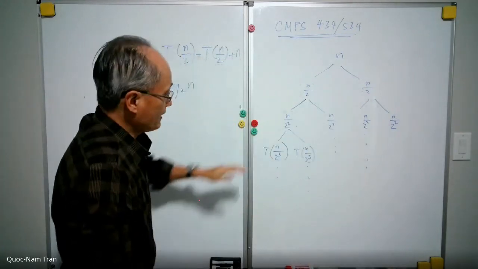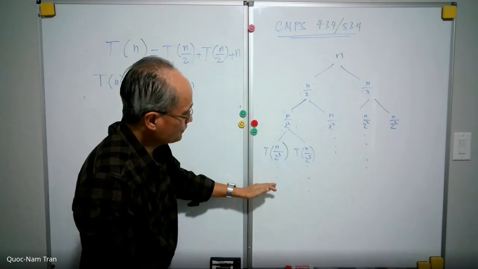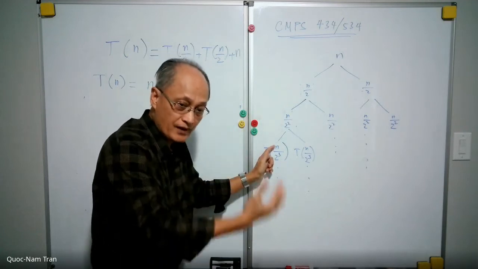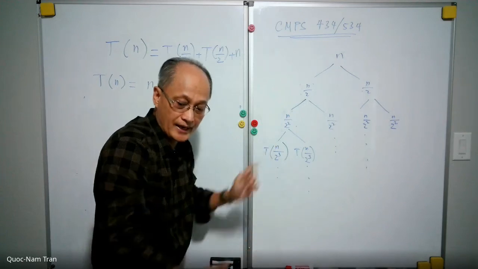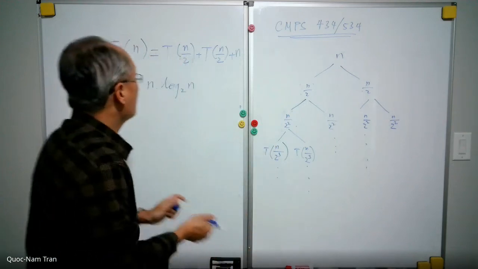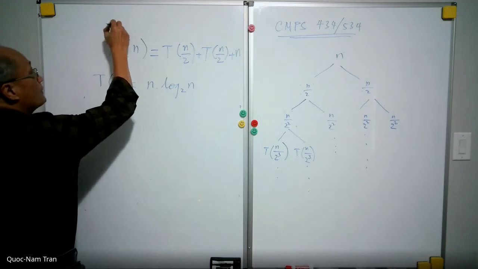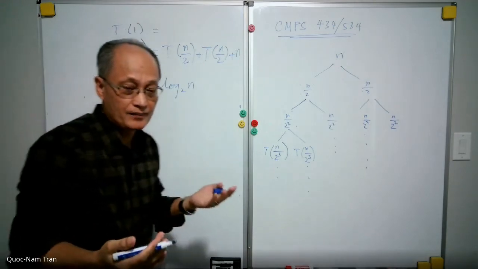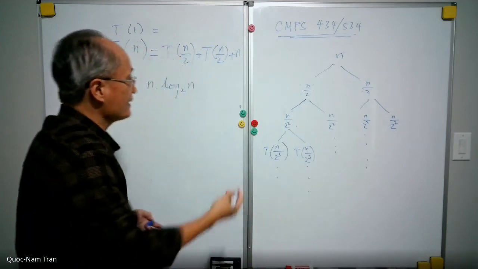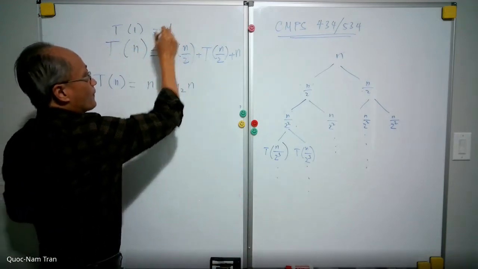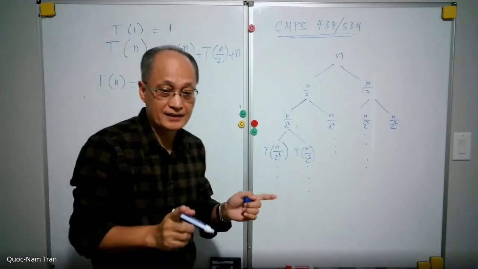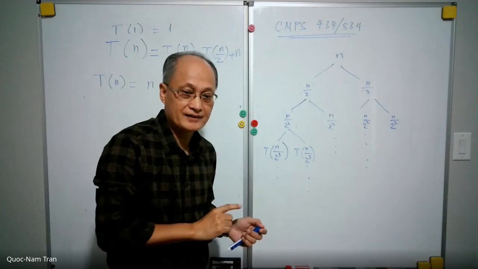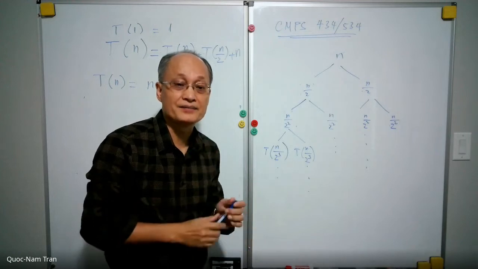right? Eventually, this one will go to n divided by 2, divided by 2, divided by 2, and eventually it will come to the point when we have only one element. Okay, if we have one element, how many steps does it take? One step, because we check if n equals 1, return. So it means that it takes only one step, right?